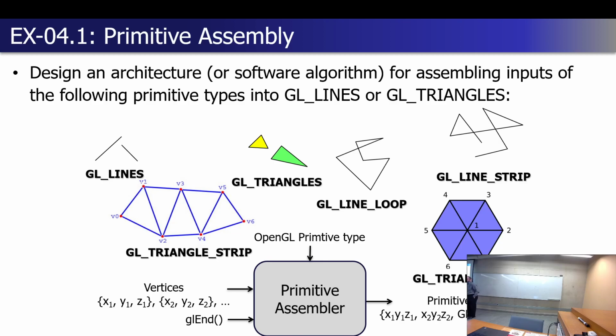Somebody has to tell this module what the actual primitive type is. So that is an input here. There's going to be some case switch statement corresponding to the input. The other thing, which fixed function OpenGL makes actually quite a bit easier to handle than our current buffer-based OpenGL, is that there has to be some sort of end input as well. Some sort of way of specifying, I'm done with that type of primitive for now.